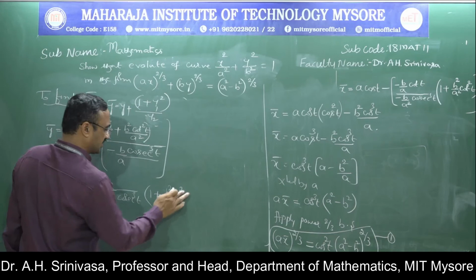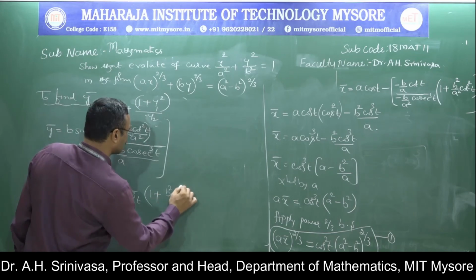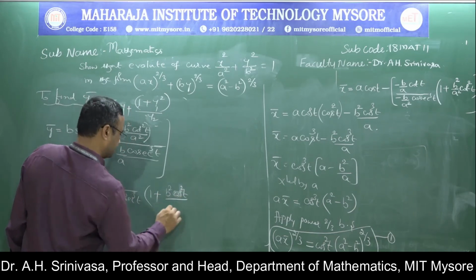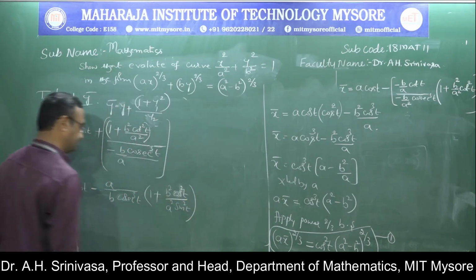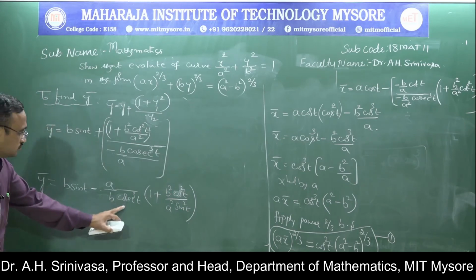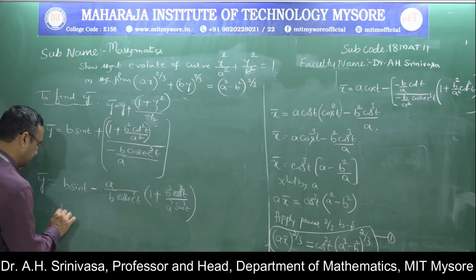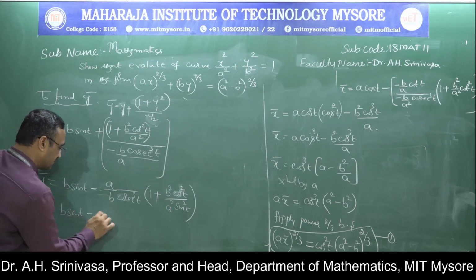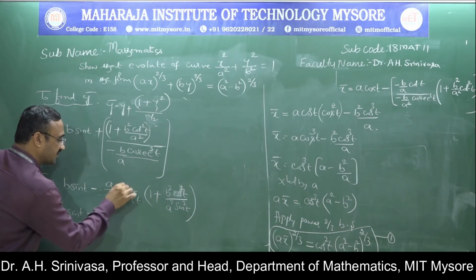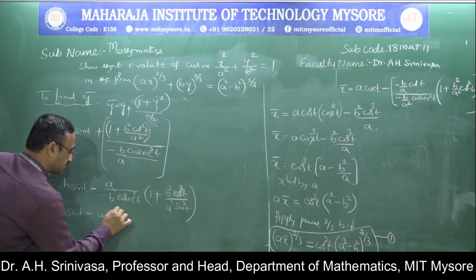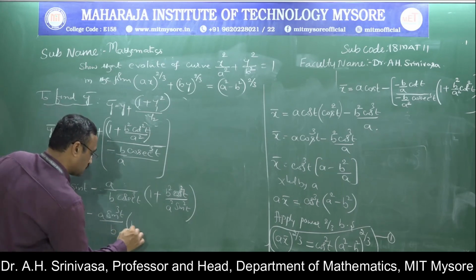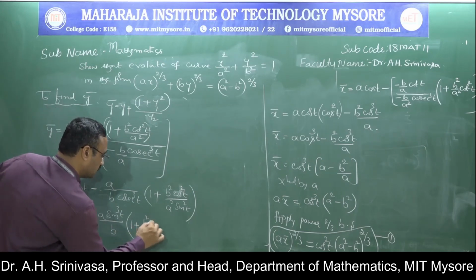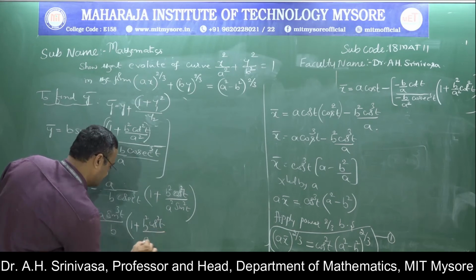We can change cot in terms of cos by sin: cos square t divided by a square into sin square t. So b sin t minus a into, shifting 1 by cosecant, sin cube t by b, into 1 plus b square cos square t divided by a square sin square t.